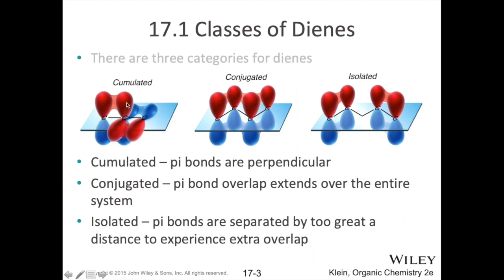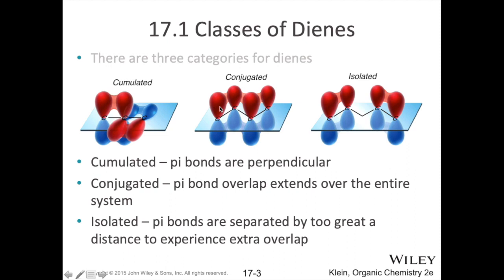So the two pi bonds are perpendicular to each other. In an isolated system, you have your regular pi bonds with overlapping unhybridized p orbitals, but with that sp3 carbon in between, these are just two isolated pi systems, hence the name.